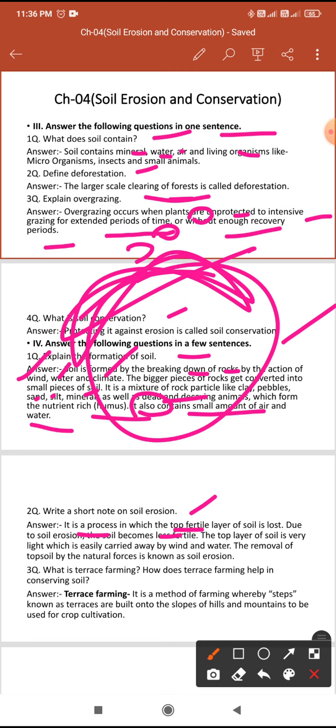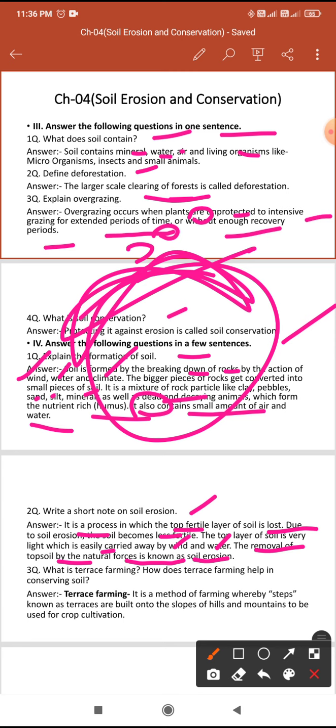The top layer of soil is very light, so it is easily carried away by wind and water. So the removal of topsoil by natural forces is known as soil erosion.